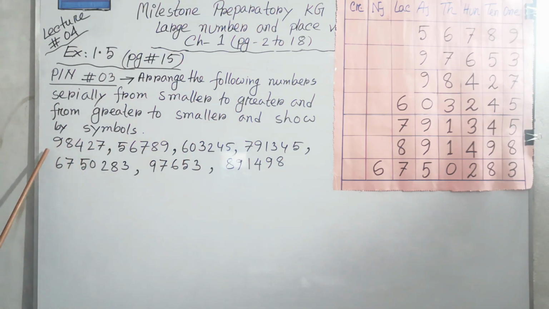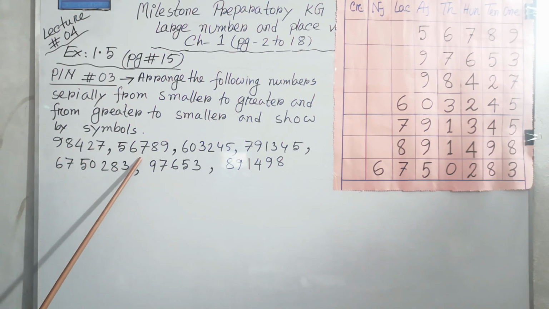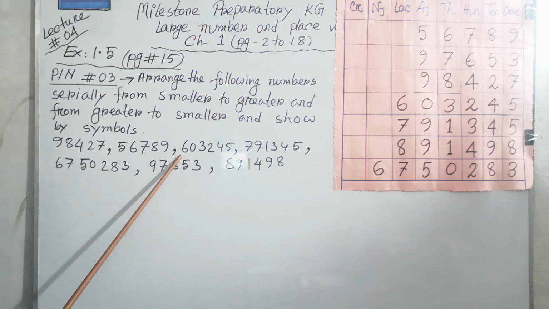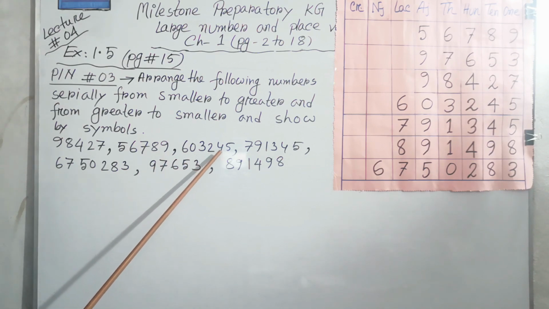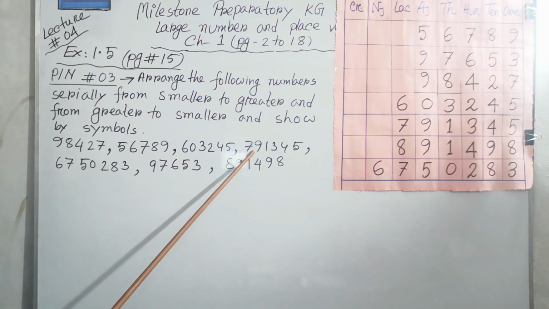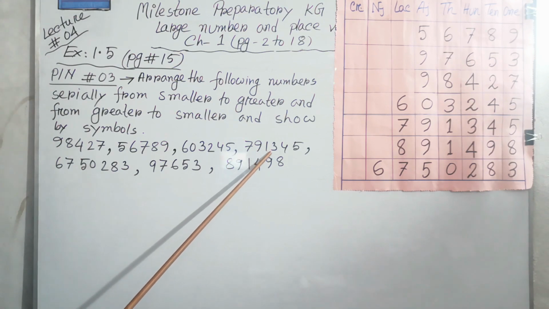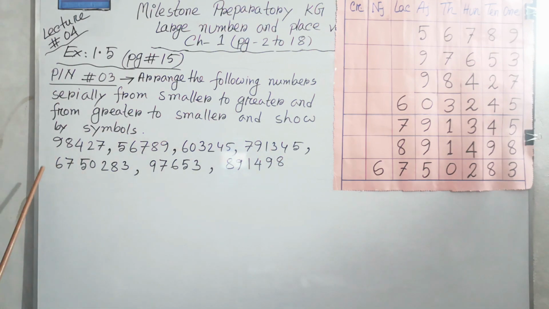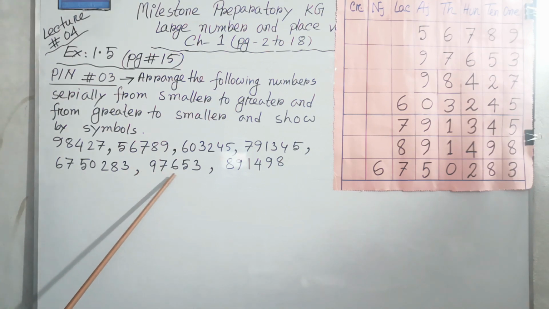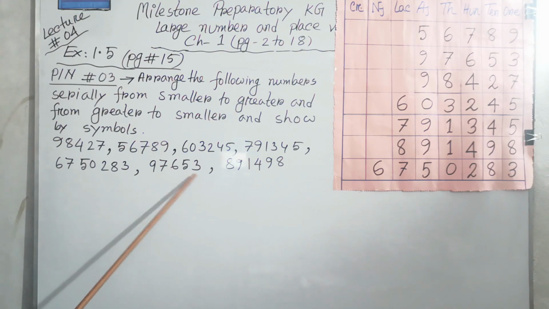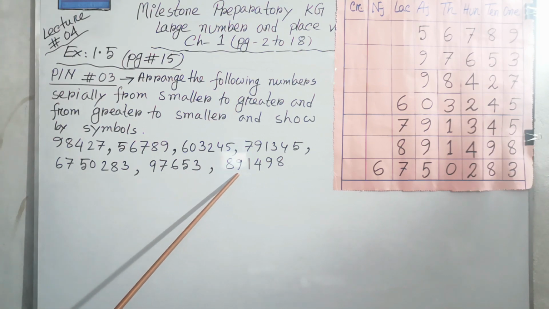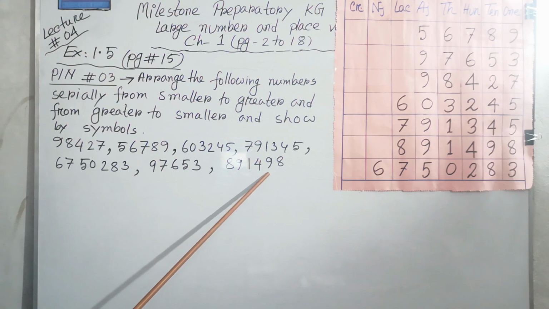At first, in the question they have given 98,427, then 56,789, then 6,03,245, 7,91,345, 67,50,283, 97,653, 8,91,498.